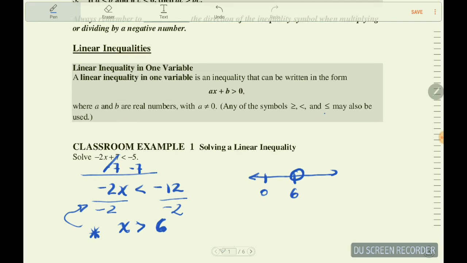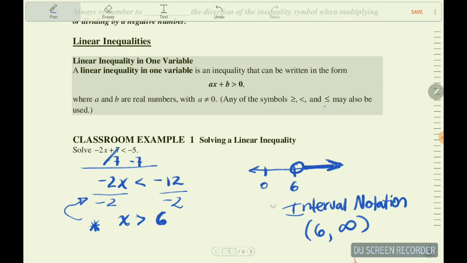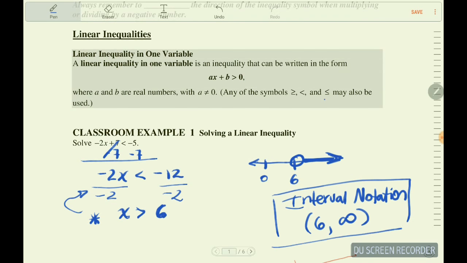And then we would be going above that value. So in interval notation, our solution set is from 6 towards infinity.